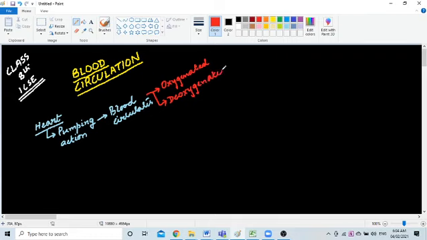Now this oxygenated blood is actually full of oxygen, or we can say the major part of this blood contains oxygen, and a major part of deoxygenated blood carries carbon dioxide. We can also call this blood impure blood, and this blood as pure one.